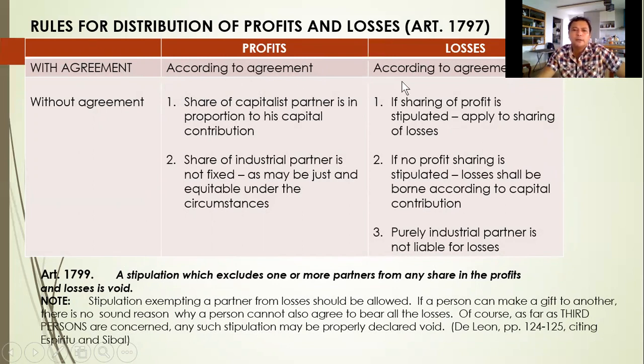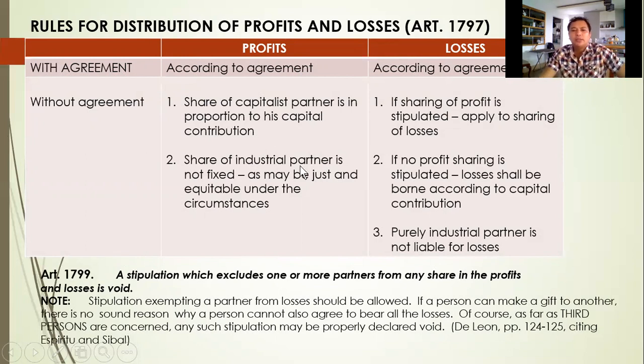Okay, it's very clear here. Now, there is a problem when there is no agreement. So the first rule is the share of the capitalist partner is in proportion to his capital contribution. So it will be based on the contribution.